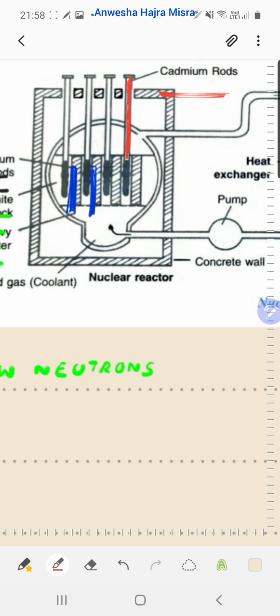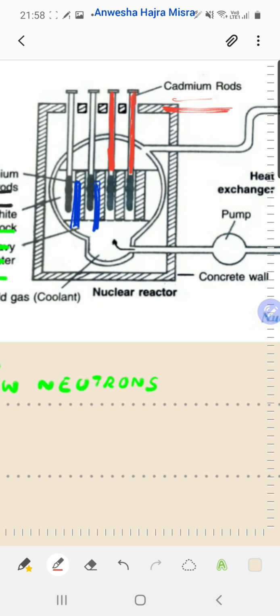The cadmium rods absorb the neutrons and change uncontrolled fission to controlled. So, the energy now liberated is within limit.